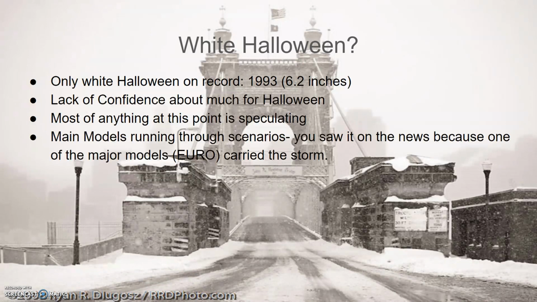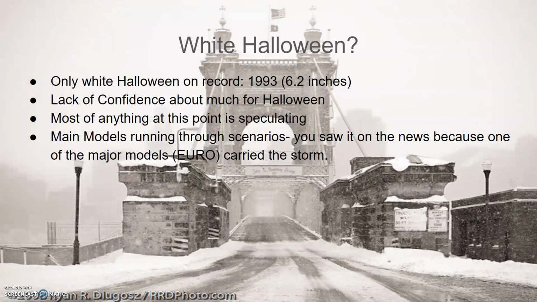So when it comes to a white Halloween, as in having snow, we've had only one white Halloween on record, which was in 1993. We had 6 inches. We really have a lack of confidence this far out for anything with Halloween.